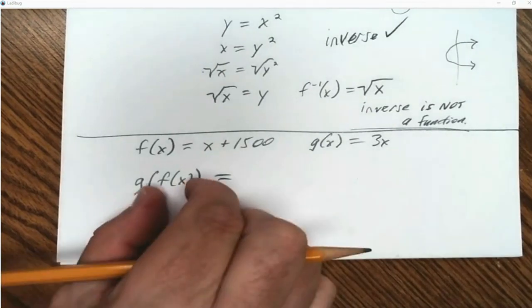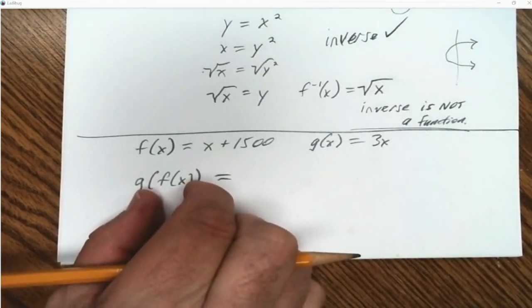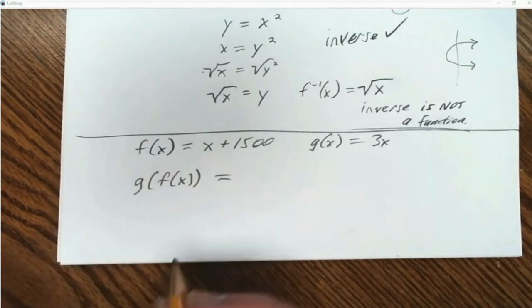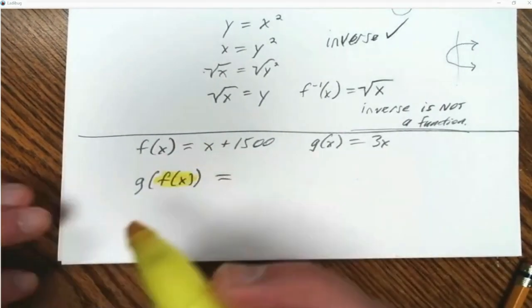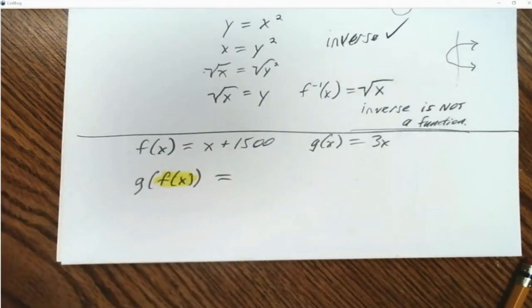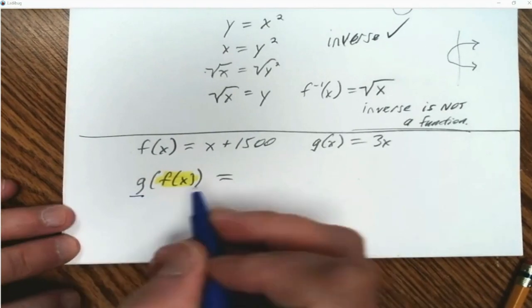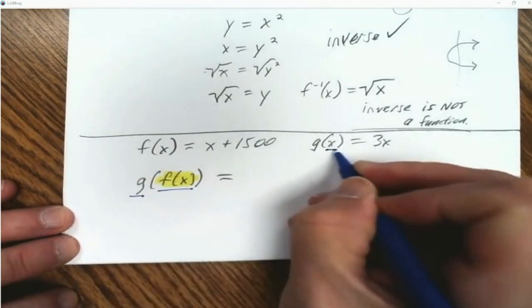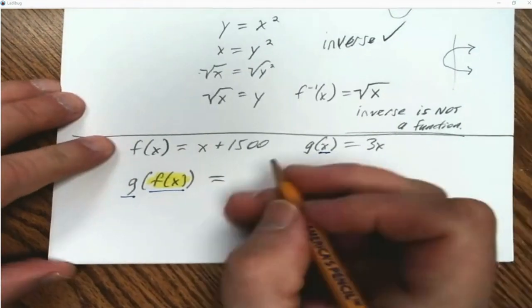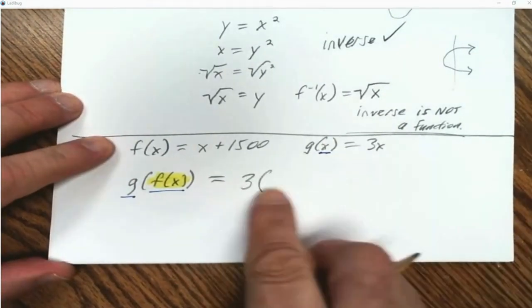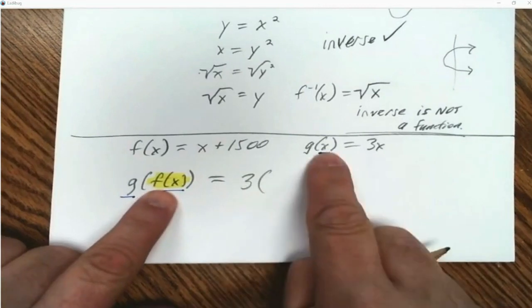That means take f of x and substitute it into g. Whatever's inside this parentheses gets substituted in to g, right? So this gets substituted in for the x. So instead of x, this will be 3 times, instead of x, I got to put f of x in there.